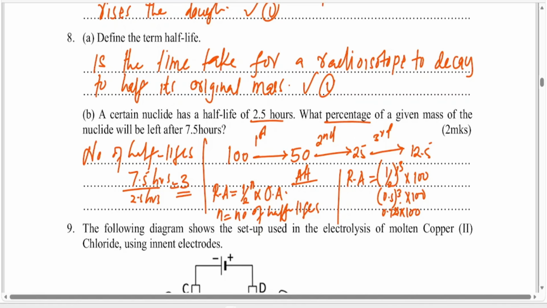I multiply by 100, and here I'm going to obtain 12.5, and this is a percentage because we were working with percentage. So still you're going to get the answer. You had an option of using this method or this method, and again you are to get 2 marks. So just an alternative method, and all of them will lead you to the correct answer. I want us to move to the next question.